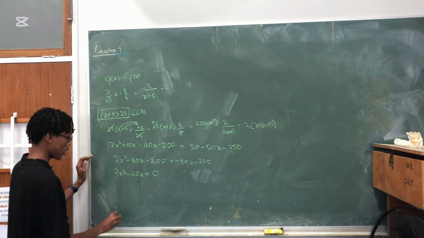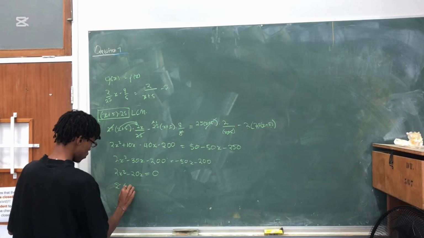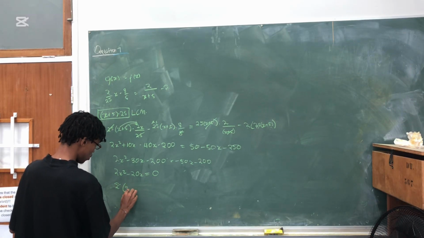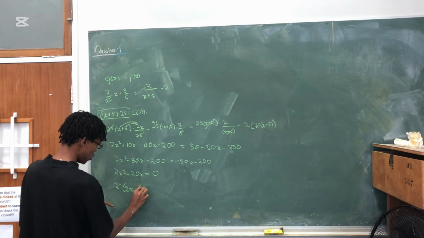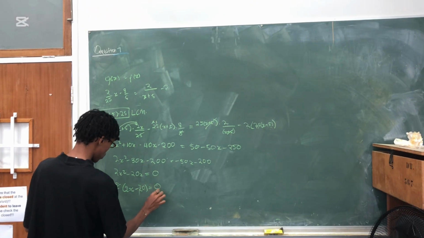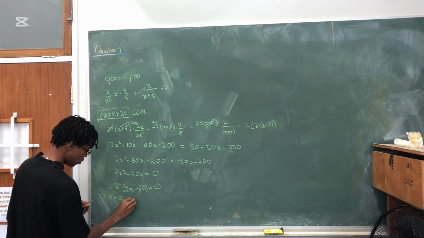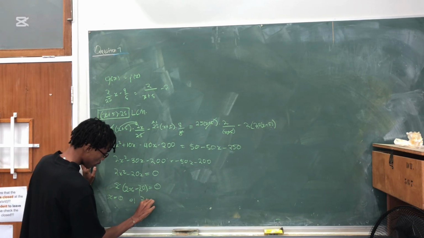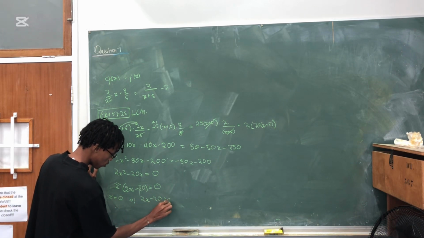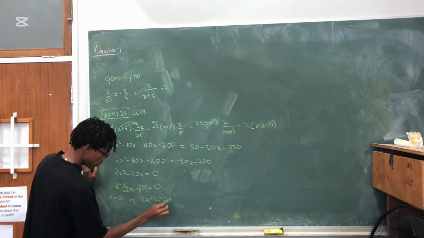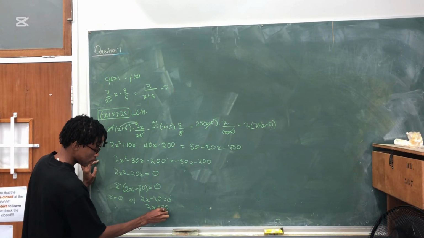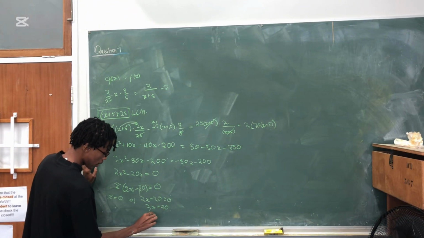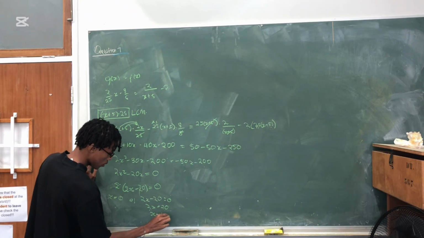Now we have a common factor, we take this x, that's going to be 2x remaining inside, minus 20, so x is equal to 0, or 2x minus 20 is equal to 0. Take 20 to that side, 2x is equal to 20, divide by 2 both sides, x is equal to 10.